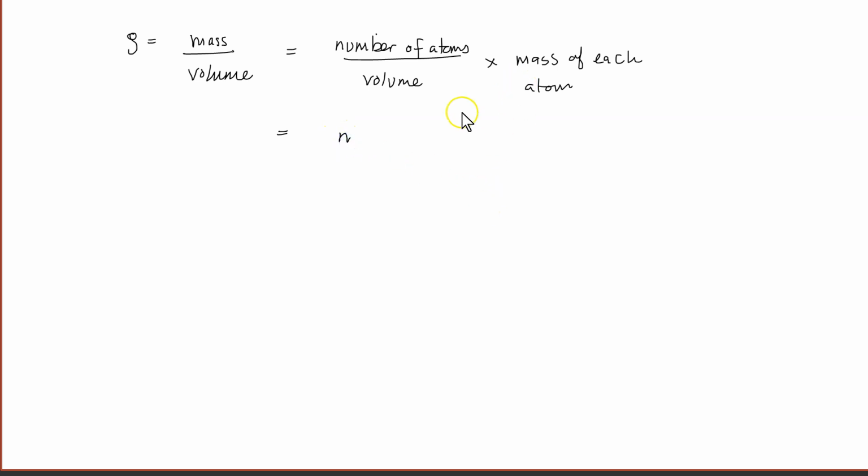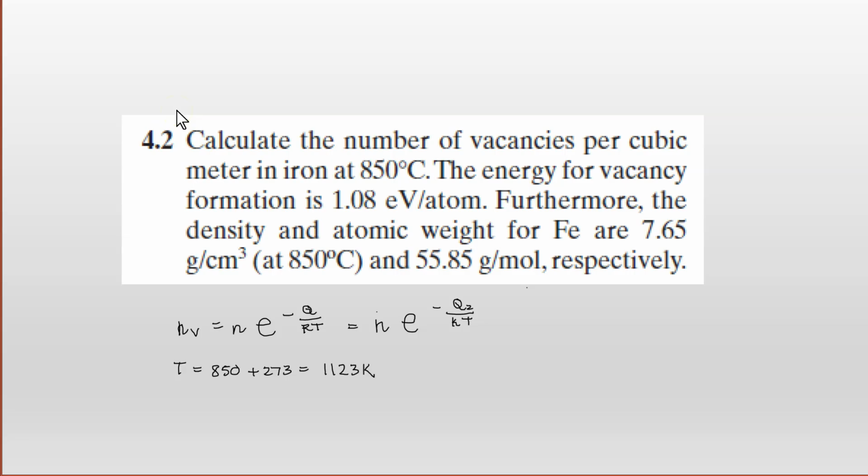The mass of each atom is the relative atomic mass of iron divided by Avogadro's constant. And the density is mass over volume, which is given in 7.65 grams per centimeter cubed.